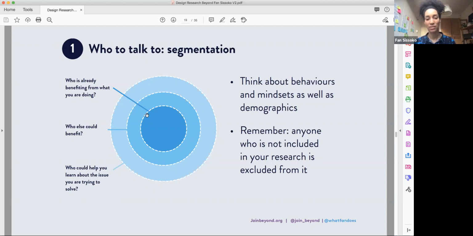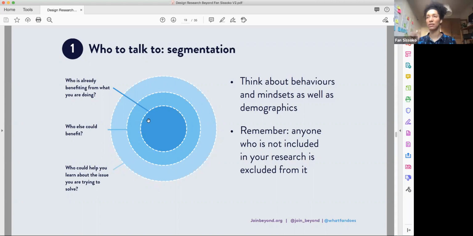So I have this tool here, which I find really useful when I start a project. And I have a version of this tool that will be sent to you and that you can then use for your own projects. So it's to think about who is already benefiting from what you're doing.